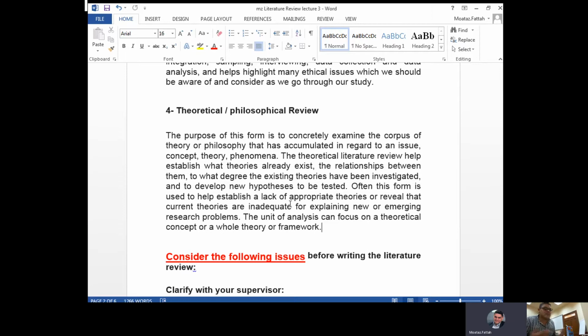For instance, I'll give you an example. When somebody writes, why do we have philosophers who supported authoritarianism? So your piece of research can be authoritarianism and its supporters. Something like that.